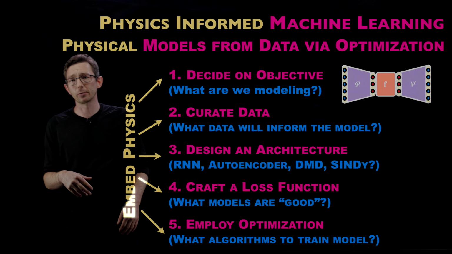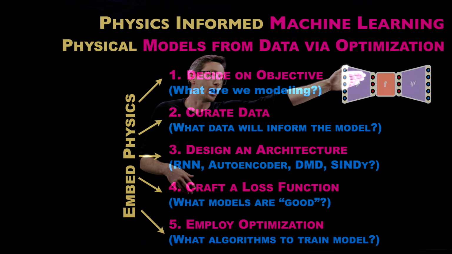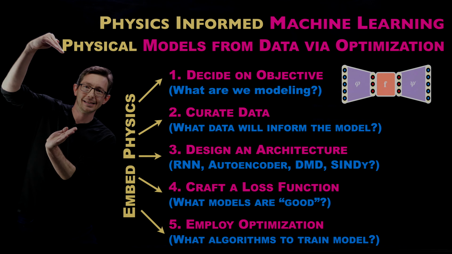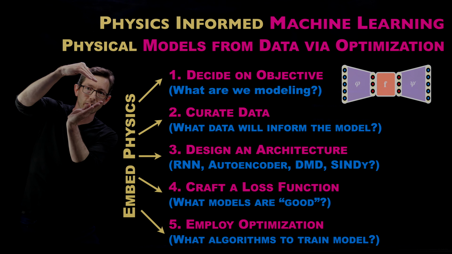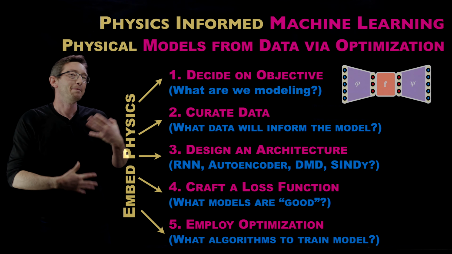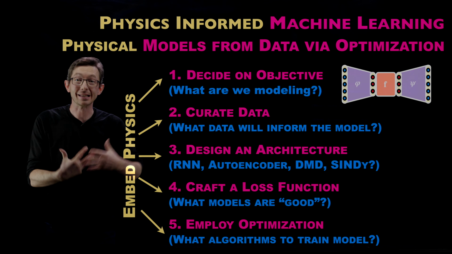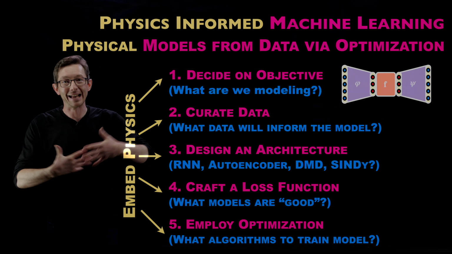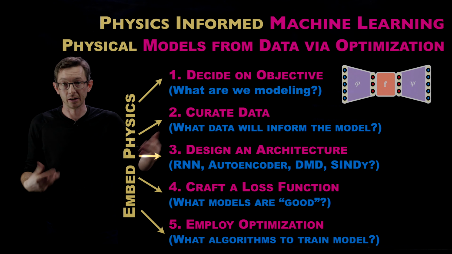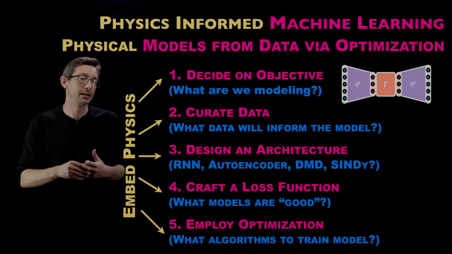Designing an architecture is a really good way. So, for example, the autoencoder architecture that has this information bottleneck where you choke down to a small dimension has a lot of nice regularizing properties of promoting simple models that have less degrees of freedom and less variables, which is kind of a physical concept.